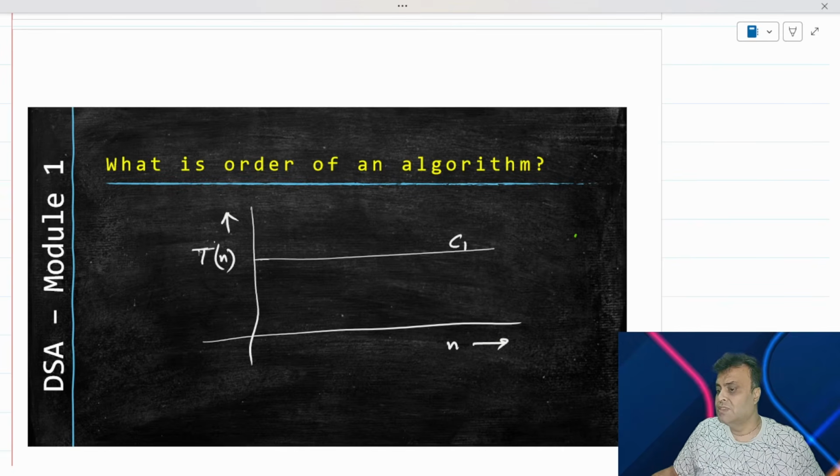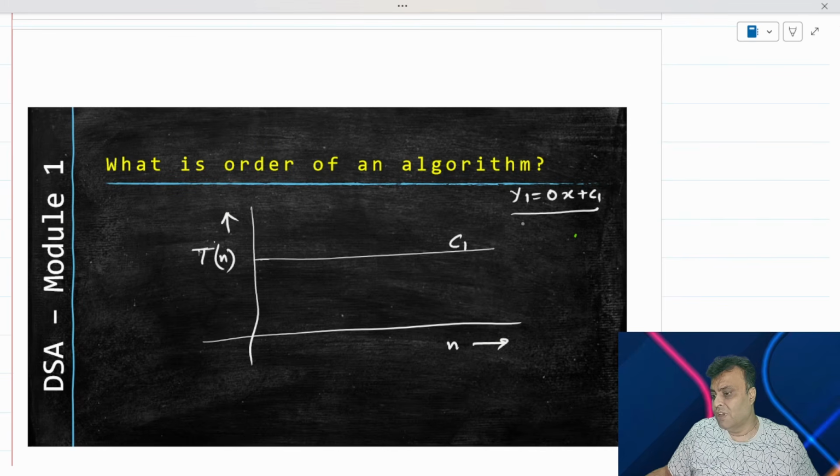So can we say this is C1? And what is C1? It is y1 equal to 0x plus C1, which looks like y equal to mx plus c. So this curve has zero slope, and that's why your m is 0. But it still has an intercept, which is your C1. And that is what we have represented here.